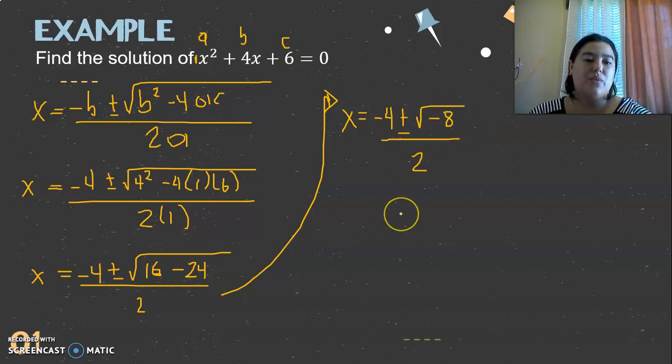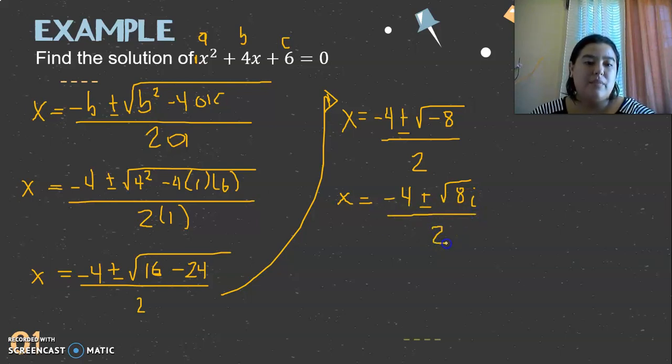So what we have to do, we have to convert the number to imaginary to change the value and make it positive. So x equals negative 4, positive or negative, square root of 8 imaginary. If you see, we don't have a negative number, but now it is imaginary because we changed negative to positive, okay?